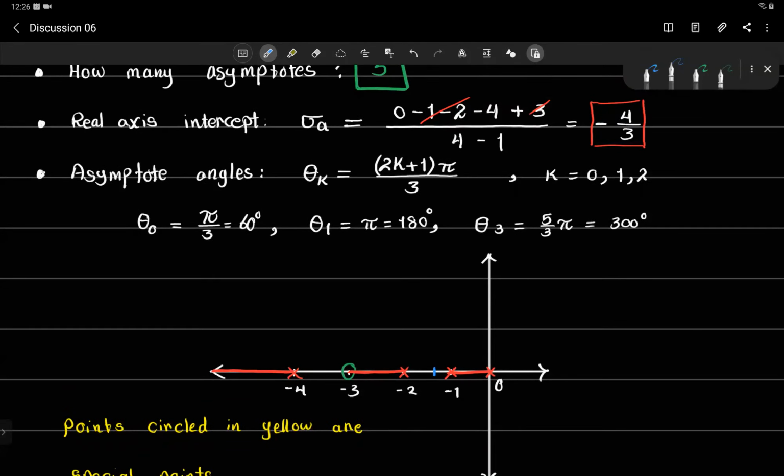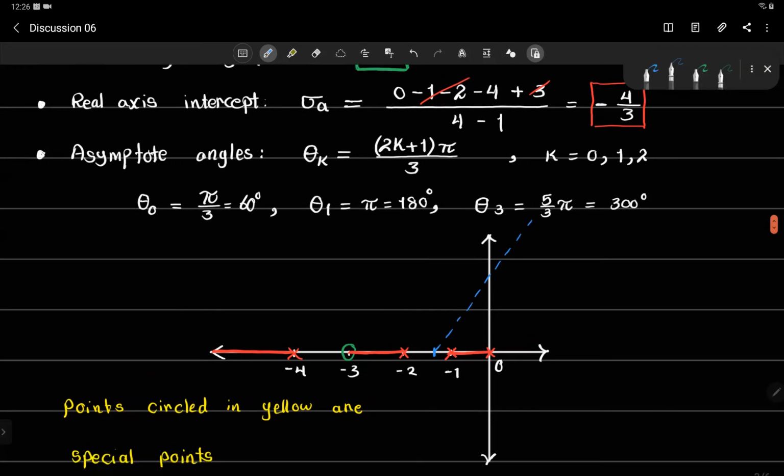One has an angle of 60, so something like this. The other one has an angle of 180, so it's something like this, right? And then finally, the last one has an angle of 300, which is also equivalent to an angle of -60. So it's something like this.